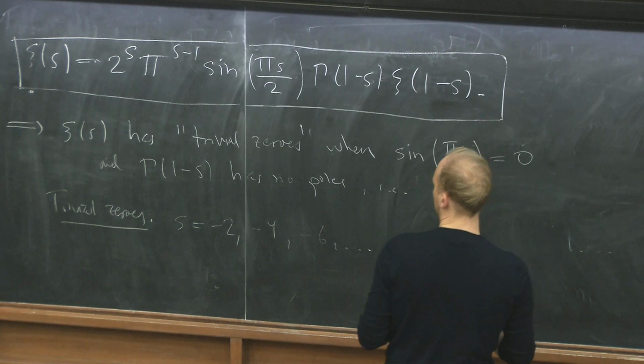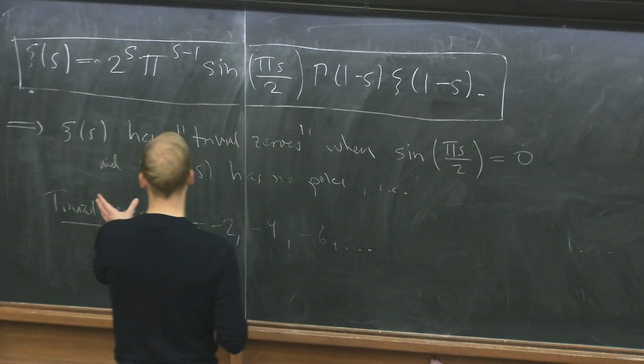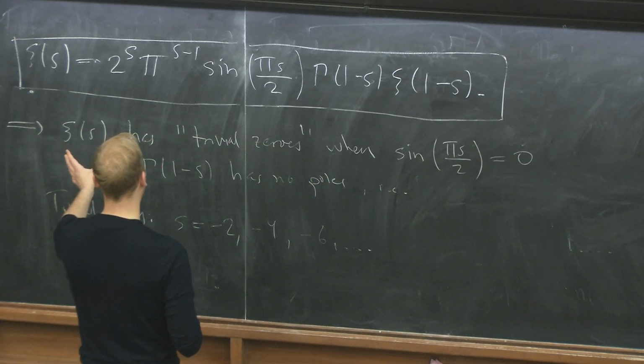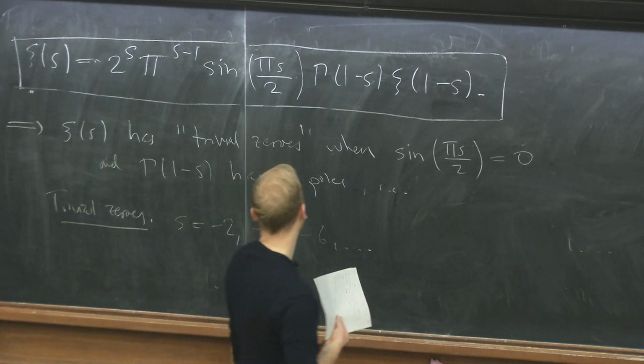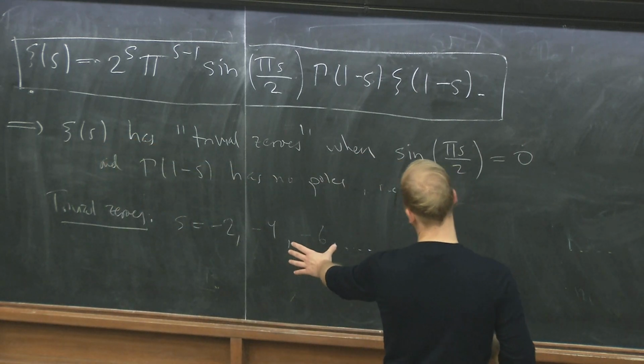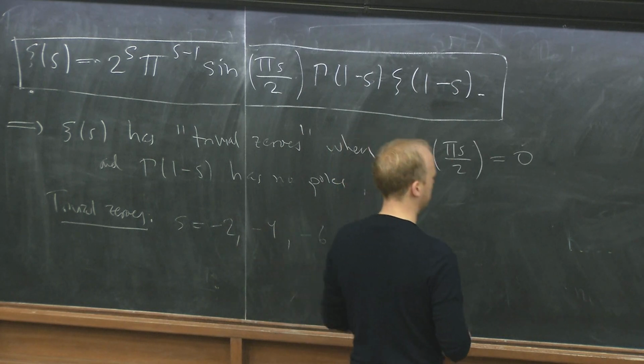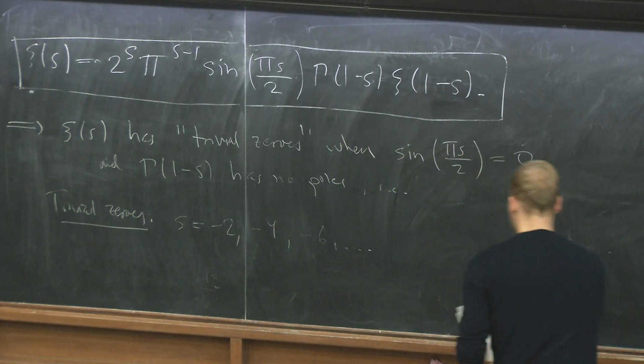Okay, so you get, in other words, this meromorphic extension of the zeta function, which has a pole at s equals 1, and then it has these trivial zeros at -2, -4, -6, and so on.